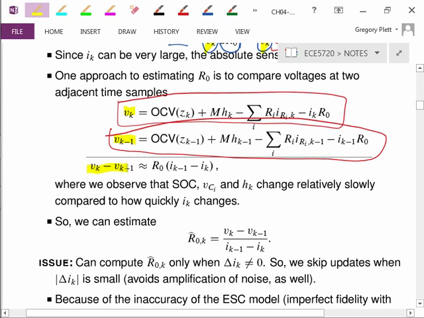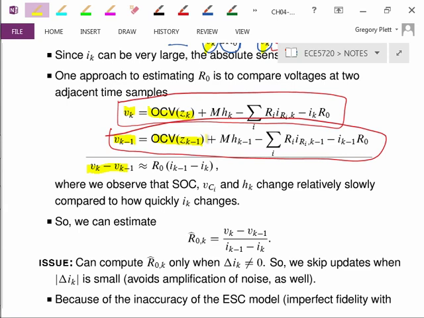And then we notice we've got open circuit voltage at Zk minus open circuit voltage at Zk minus 1. Well, in 1 second or one time sample, even if I've got a huge amount of current, the state of charge isn't going to change an awful lot. Maybe at most by 1%, but even that would be quite surprising to happen in one time sample.